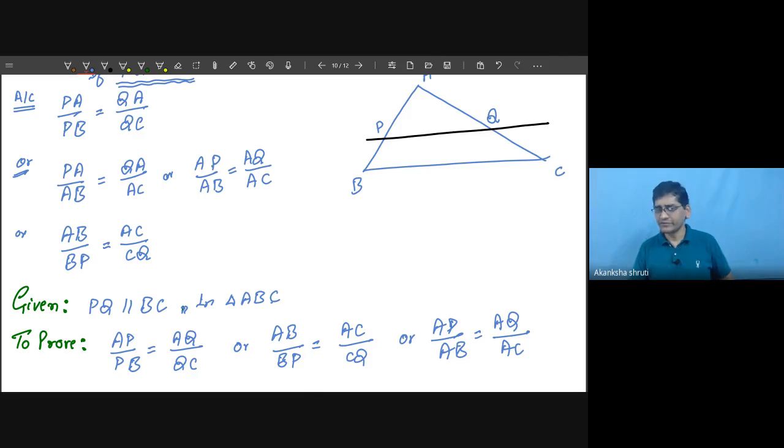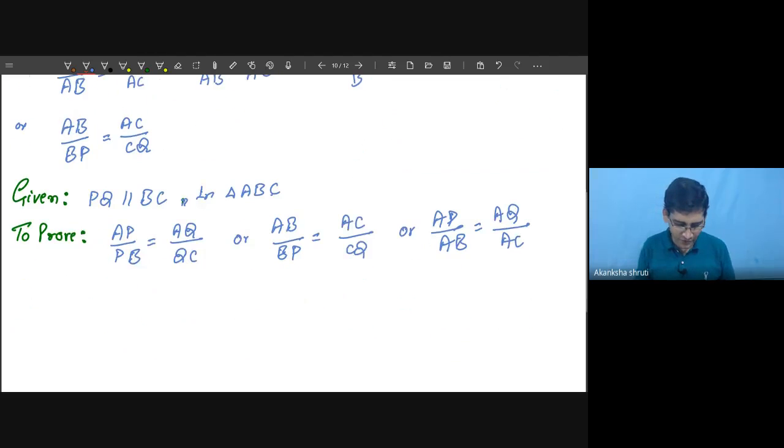Any one of these three you have to prove, or you can prove all these three. So let us start the proving.